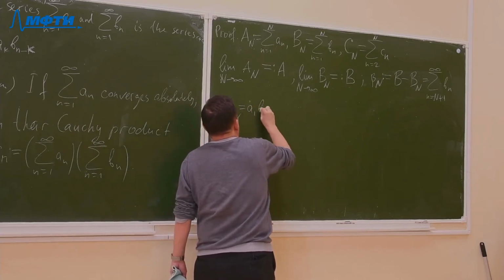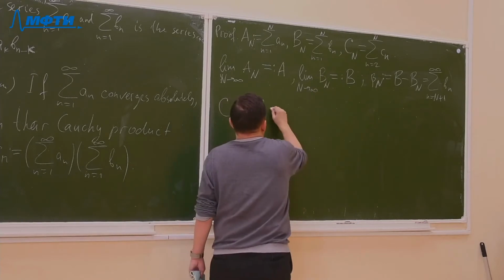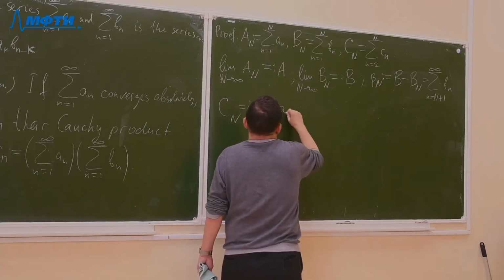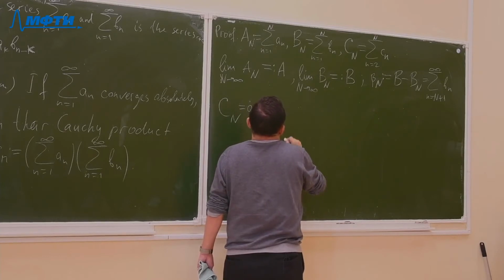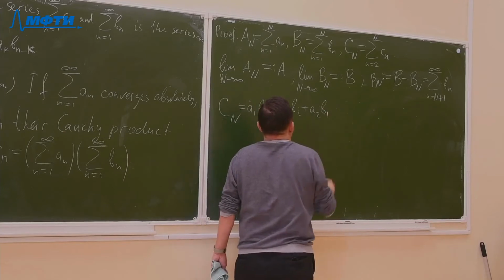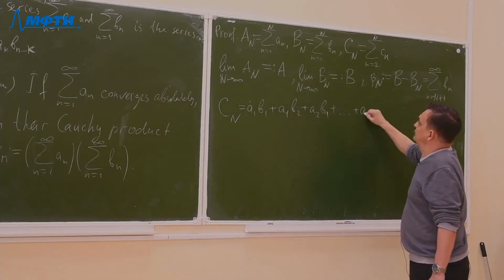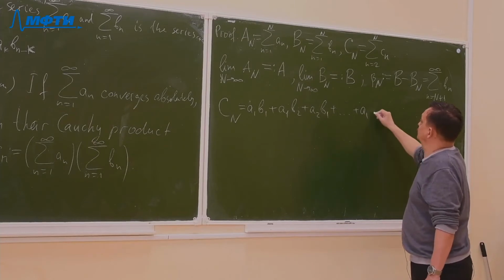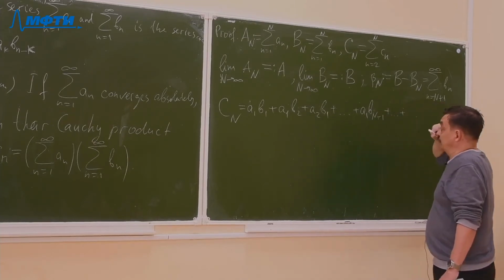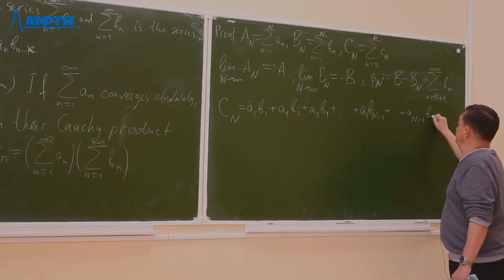A1 B1, that is C_2, sorry, plus A1 B2 plus A2 B1, plus so on, plus for the very last it will be A1 B_(N minus 1) plus A_(N minus 1) B1.